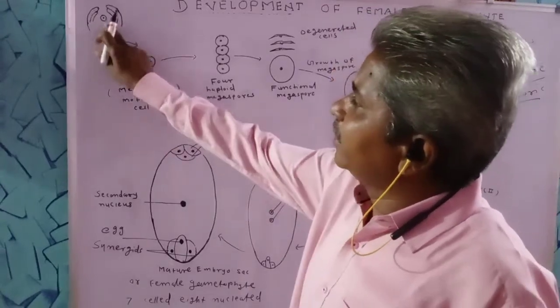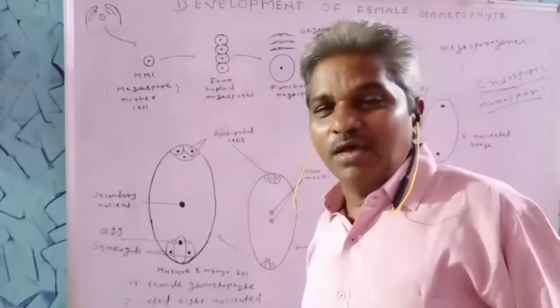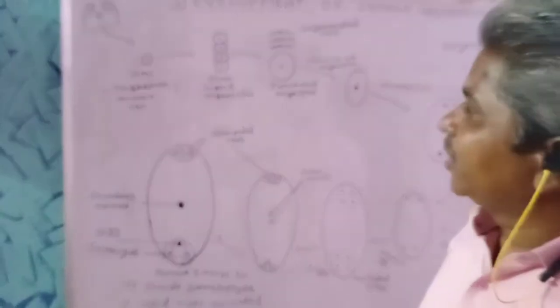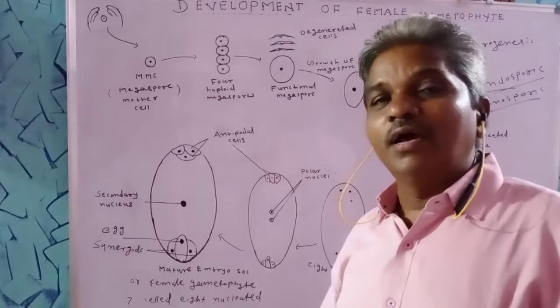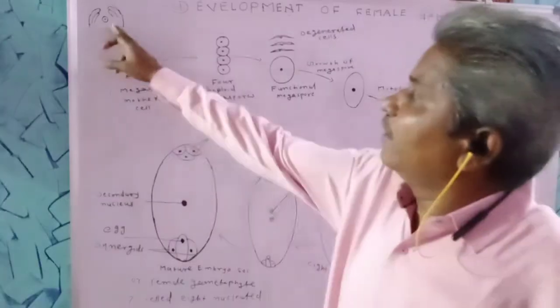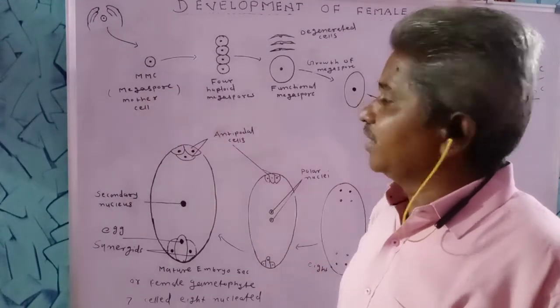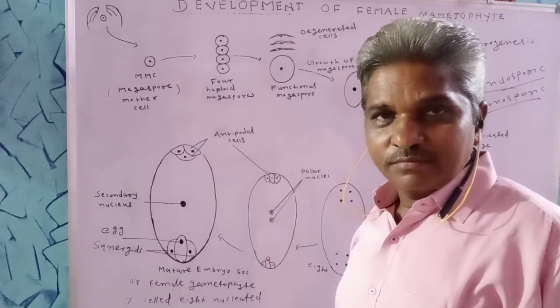The ovule has an inner diploid tissue called the nucellus, and in that nucellus tissue, one of the cells becomes large due to more nourishment. It is recognized as the MMC or megaspore mother cell.